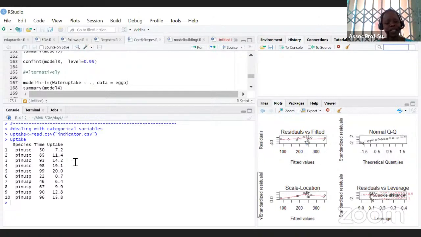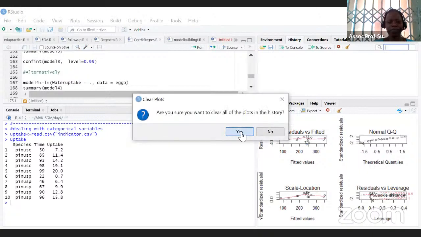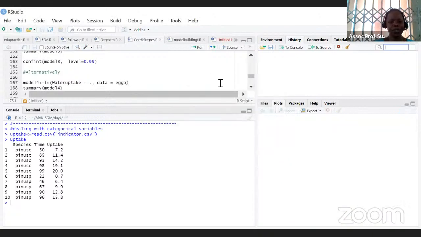So if we have such a data set, the first thing we do, we can do a plot to see what sort of data we have. So probably we can just construct a plot. Okay, so let's go to the RStudio.